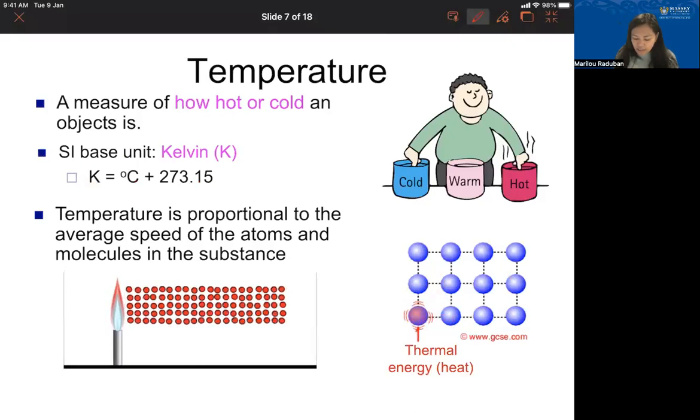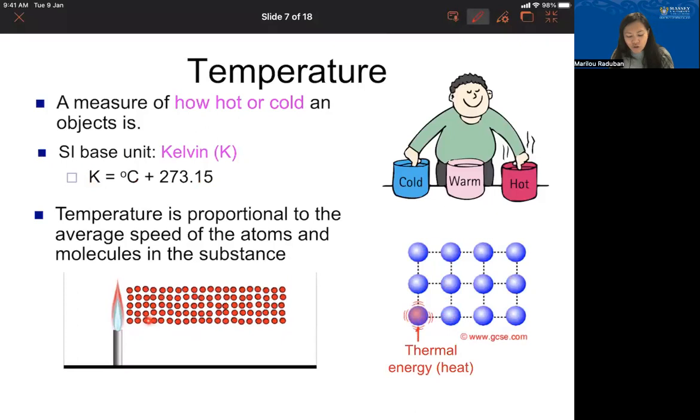So here is an example of a material, a rectangular strip, and we see here the atoms. If you put the material close to a source of heat, like a flame, notice how the atoms near the flame vibrate faster compared to the atoms farther away. Right? And as the atoms closer to the flame vibrate, they collide with the neighboring atoms, and therefore they impart some of their energy.